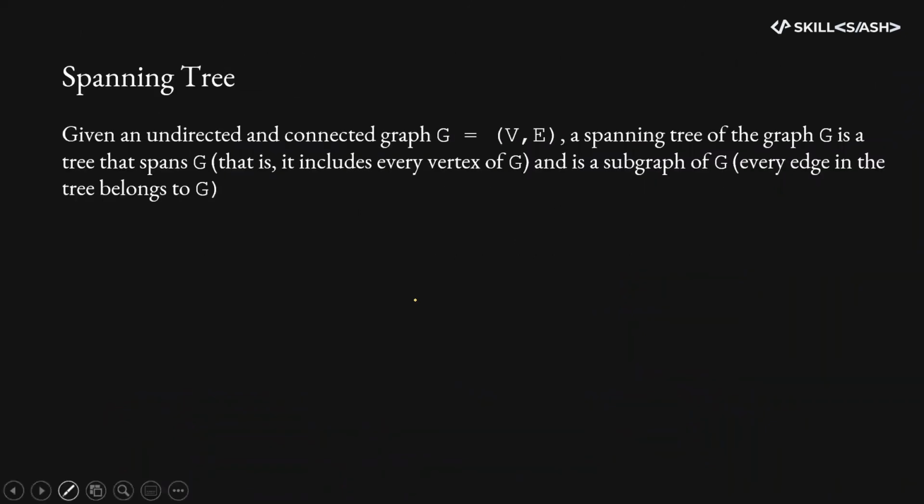Let's see. So the spanning tree can be defined as that in a directed, undirected, and connected graph, you span all the vertices and you create a subgraph of G such that every node you have traversed and every edge is a part of the graph only. Then that kind of a subgraph is called a spanning tree.